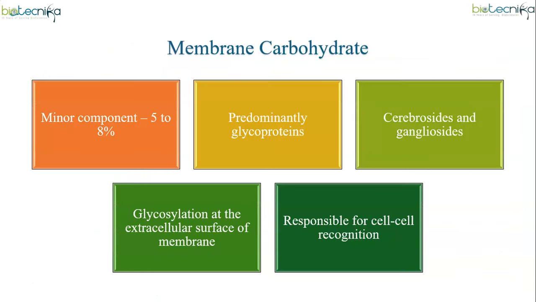Next is membrane carbohydrates, which contribute very little, that is around 5 to 8%. Predominantly glycoproteins exist in the form of cerebrosides and gangliosides. Glycosylation takes place at the extracellular surface of the membrane, and these carbohydrates are mainly responsible for cell-to-cell recognition.